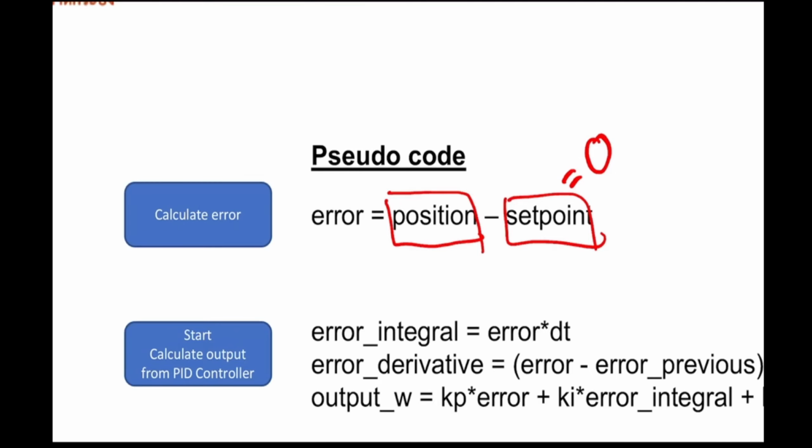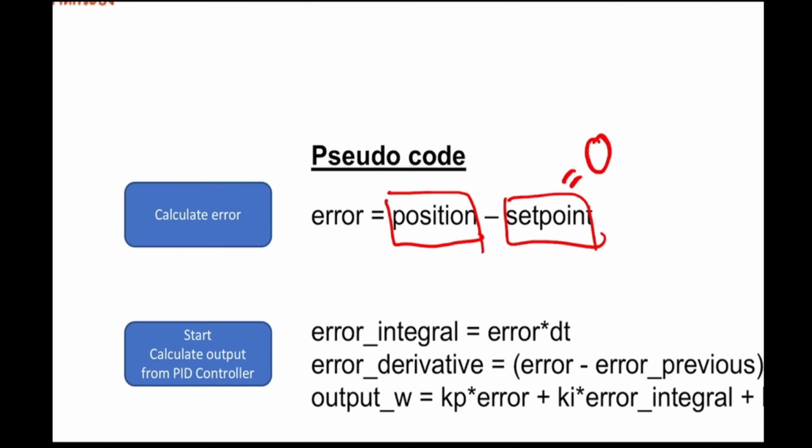That means our set point is 0, but the error can be positive and negative. If your robot is off to the left, the error might be negative. If the robot is off to the right, it might be positive.